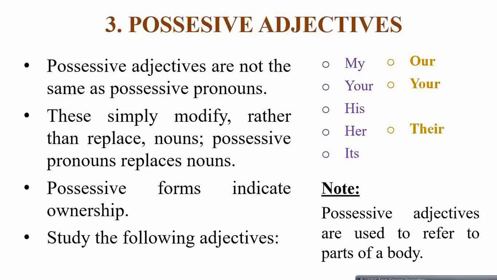Which is in case of the possessive pronouns वहाँ पे replacement होती है, लेकिन possessive adjectives में सिर्फ एक modification आती है. They do not replace the noun. Possessive forms indicate the ownership कि ये चीज़ किससे belong करती है. These are some of the possessive adjectives: my, your, his, her, its, our, your, and their.